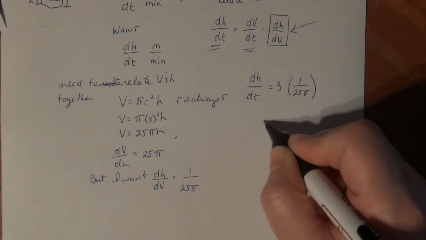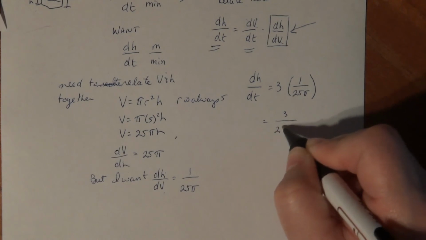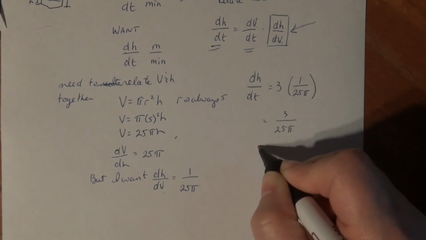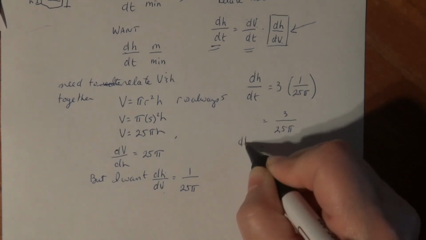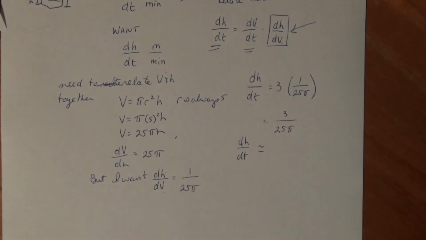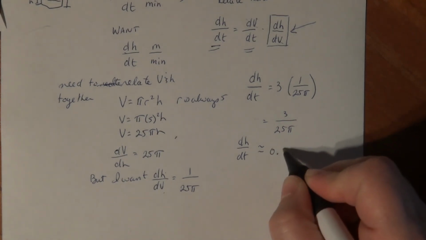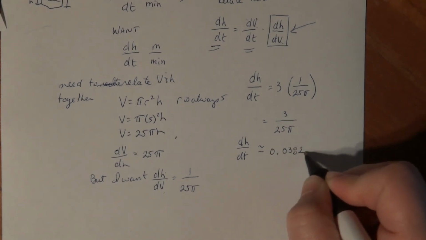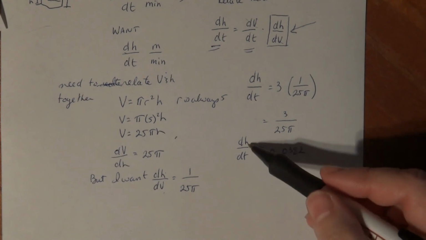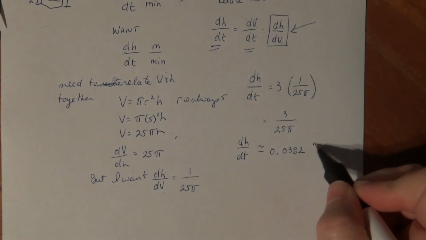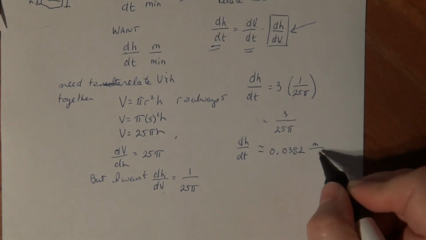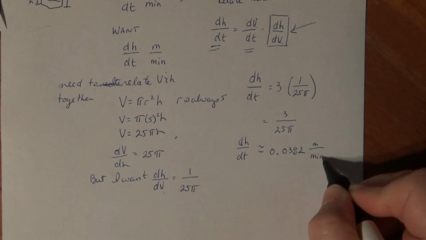If I simplify that, I get 3 over 25 pi, and if I put that in my calculator, my change in h with respect to t, how fast the water level is rising, is equal to 0.0382. Height is measured in meters and time in minutes, so it's meters per minute.